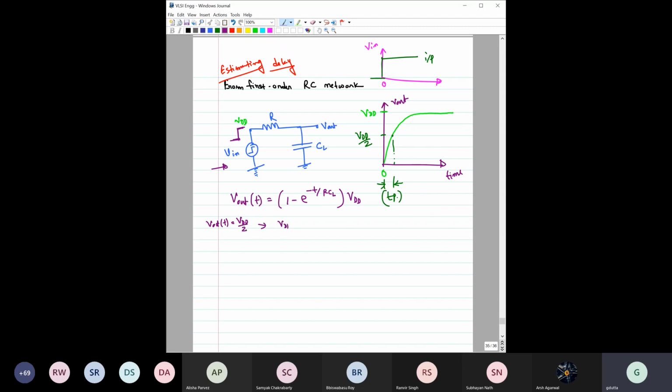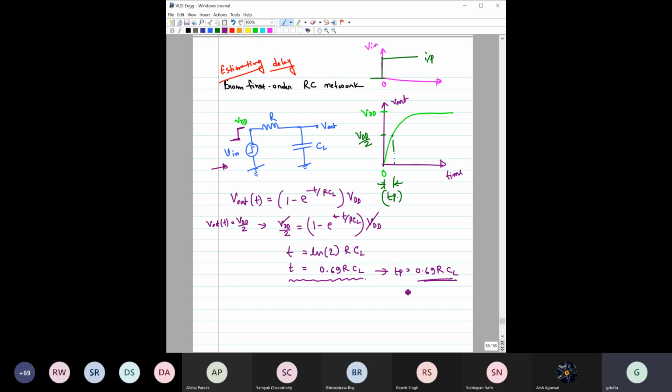We put that: VDD by 2 equals VDD into 1 minus e to the power minus t by RCL. Just do a little simplification, and we have to find the value of t from here. If you calculate, it would come out as t equals ln of 2 times RCL. Then ln of 2 is basically 0.69, so TP is equal to 0.69 RCL.